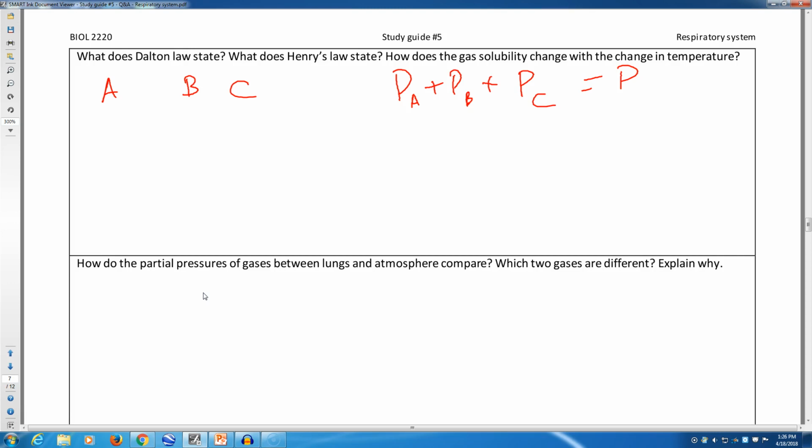Henry's law states that the concentration of gas in the solution, in the fluid, in the liquid, is directly proportional to its pressure. The higher the pressure, the more gas you're going to get in this solution. Does that make sense?